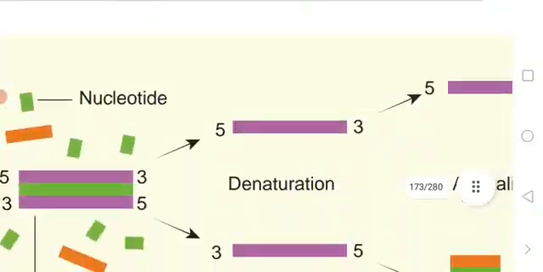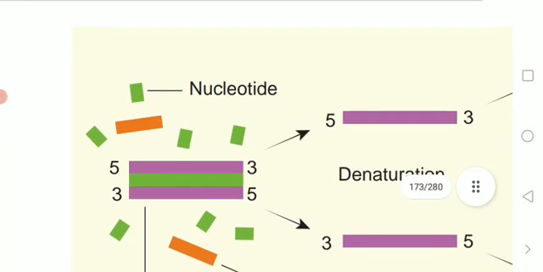Why do we need denaturation? For separating the DNA. You might have studied nucleic acids. DNA contains phosphate, a pentose sugar, and a nitrogen base.